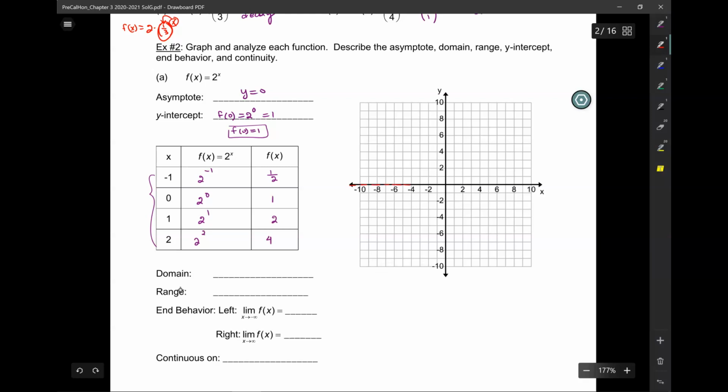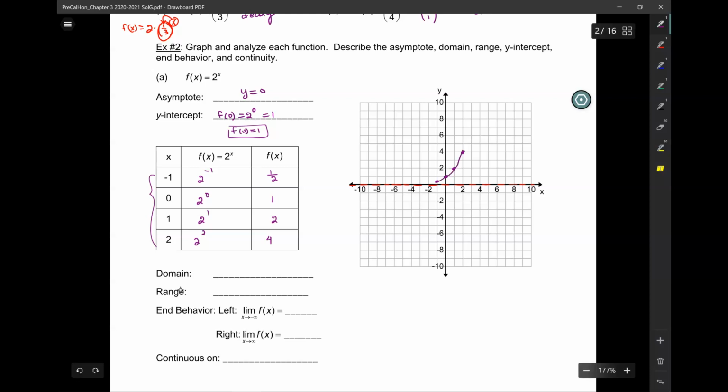Let's graph. First, I put up the asymptote, and then I just put up my points. All right, so starting at x equals -1, we have a value of 1/2, 1, that was my y-intercept, 2, and then 4. And now I want to graph my exponential function.